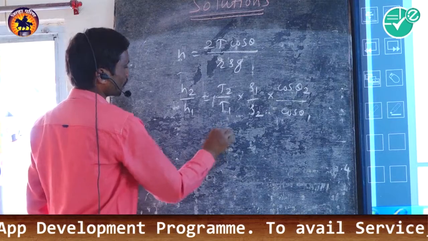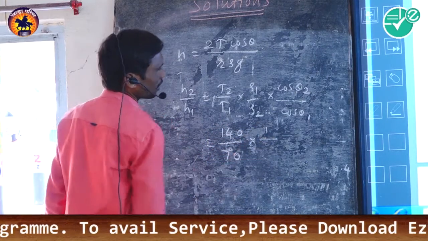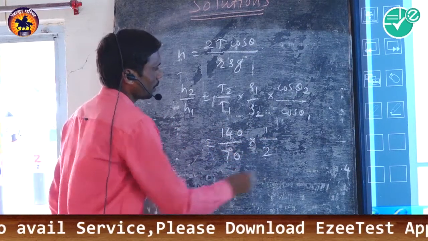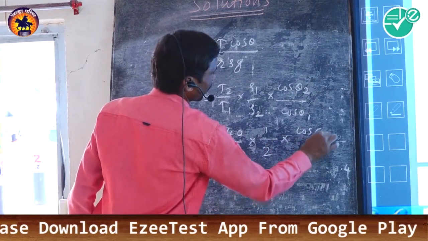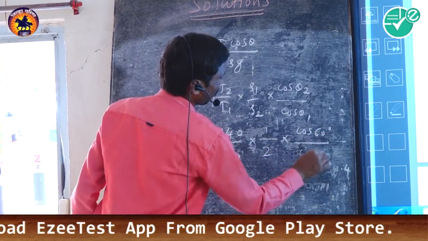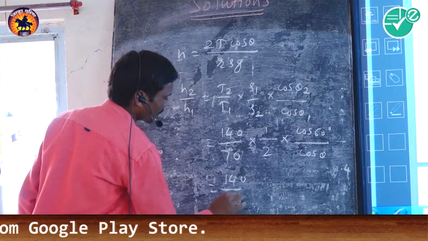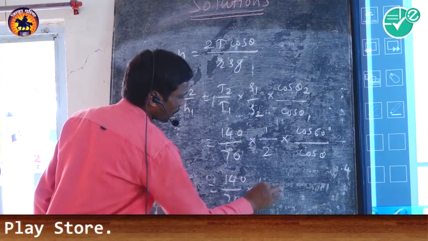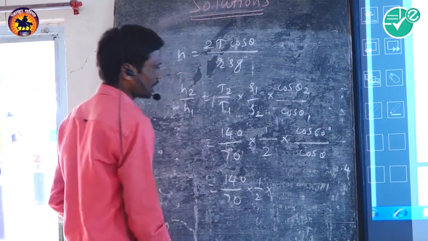So it is 140 by 70, the density of water is 1, the other is 2, into cos 60 degree divided by cos 0. It means it is 140 divided by 70 into 1 by 2 into the value of cos 60.